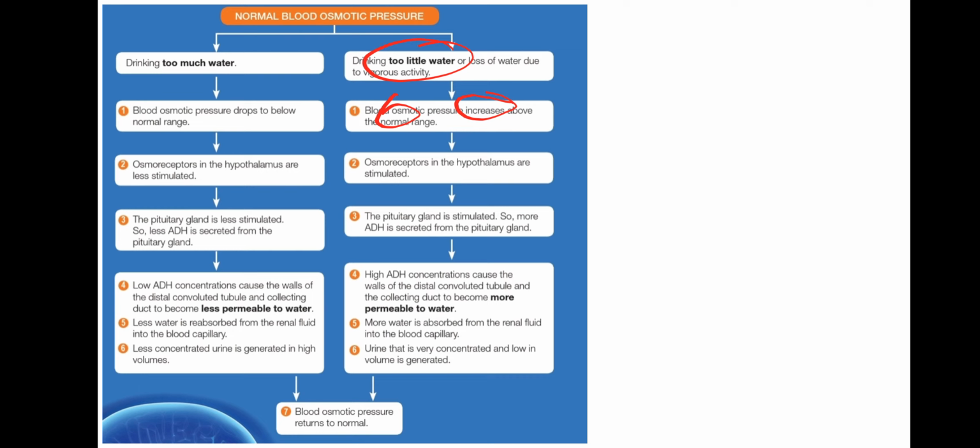It's just like when you have to study for your exam but haven't finished studying: not enough knowledge will cause high pressure, correct or not? So same here, water not enough, increase in pressure.